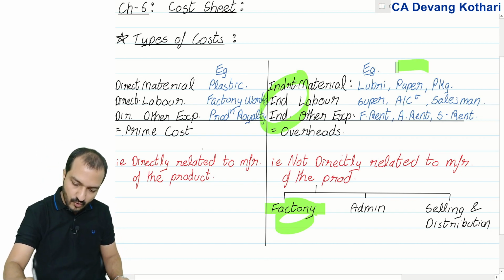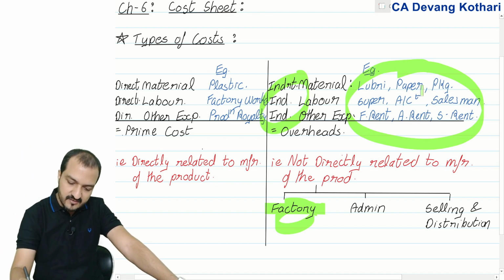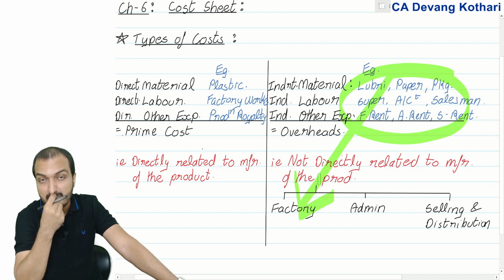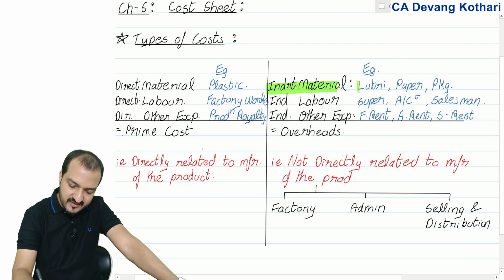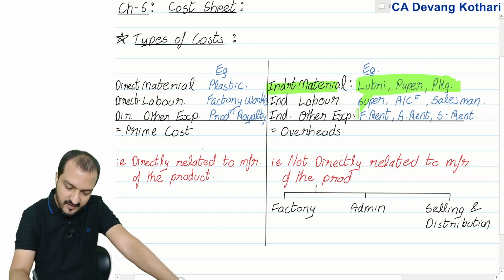Well, tell me, out of all these examples, which is the indirect cost incurred inside the factory premises? I have given you three examples of indirect material.